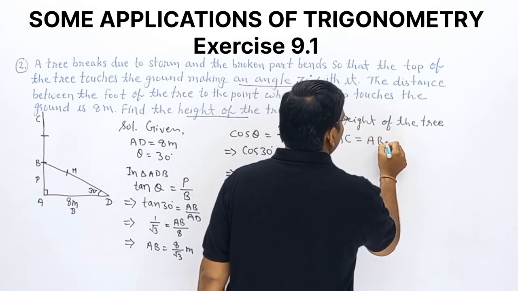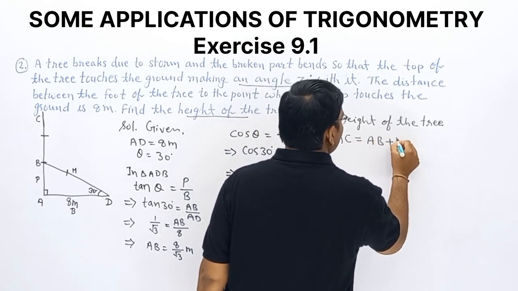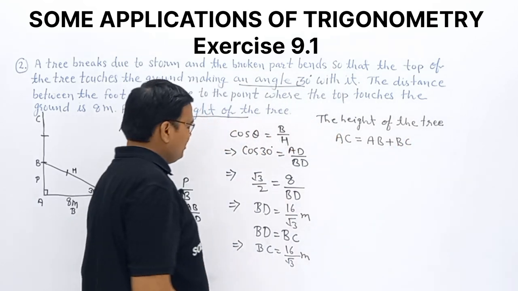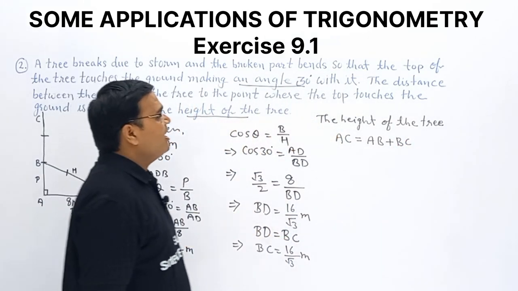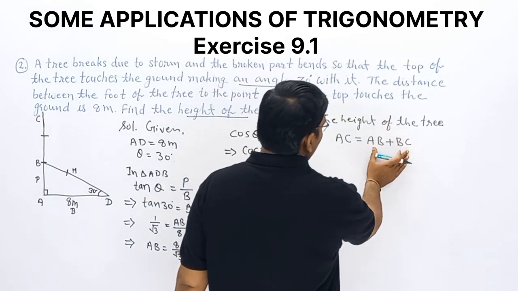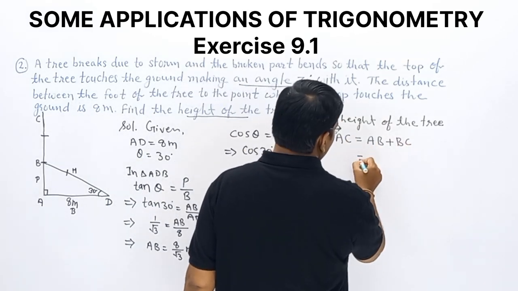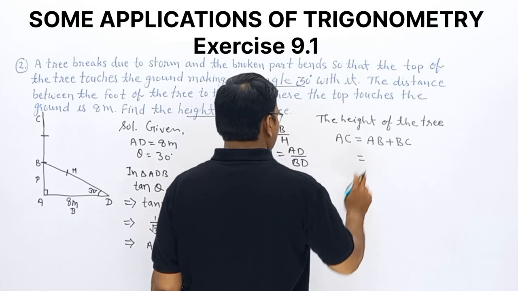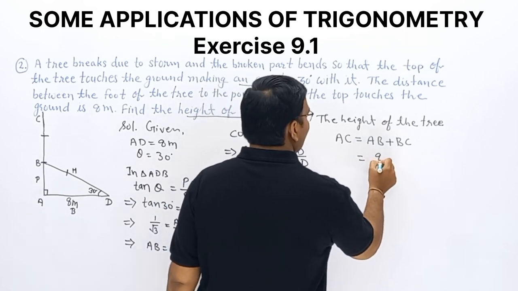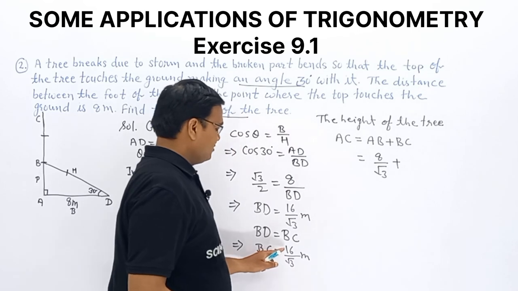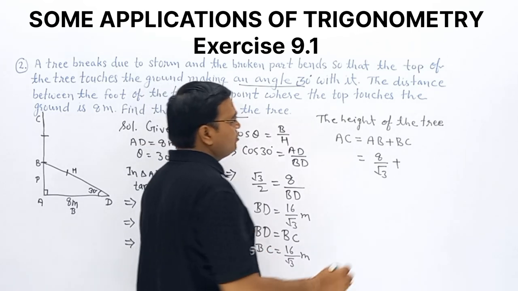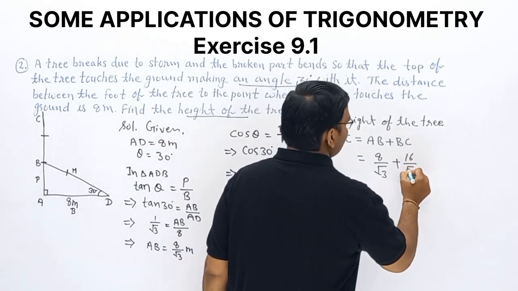AB plus BC, and BC is BD. So AB plus BC will be the complete height of the tree. AB is 8 upon square root of 3, and BC is 16 upon square root of 3.